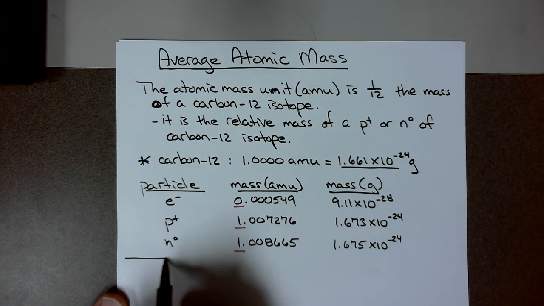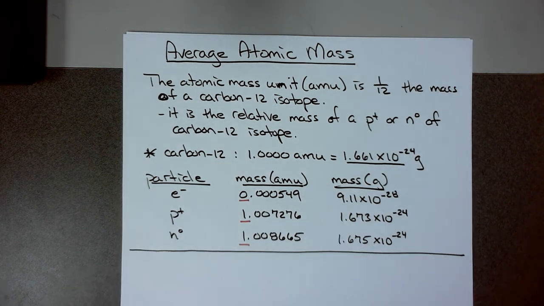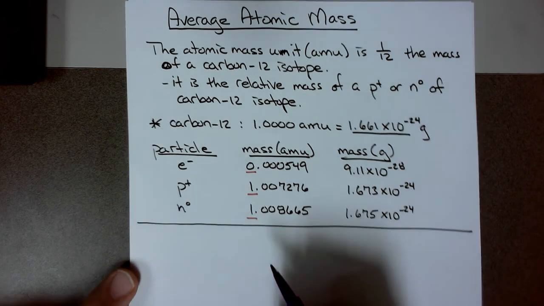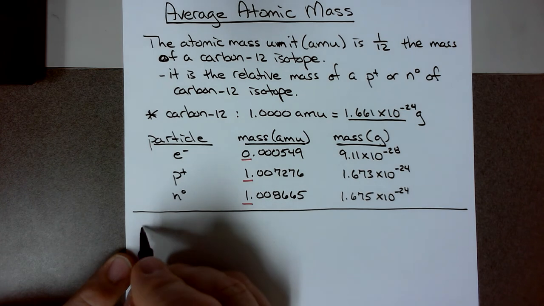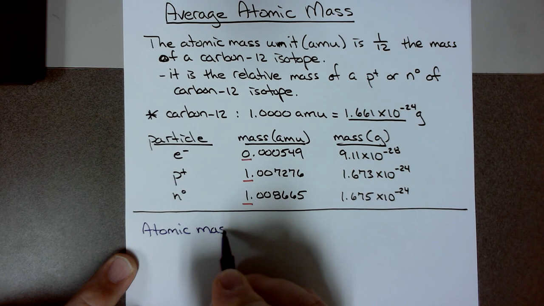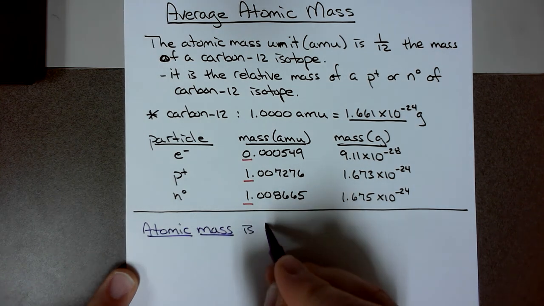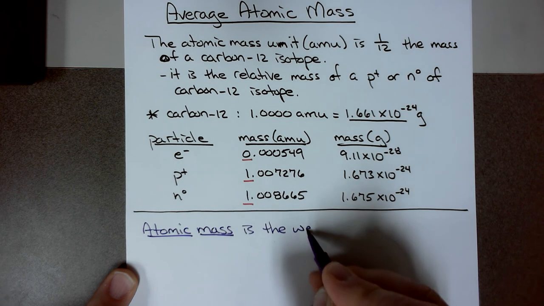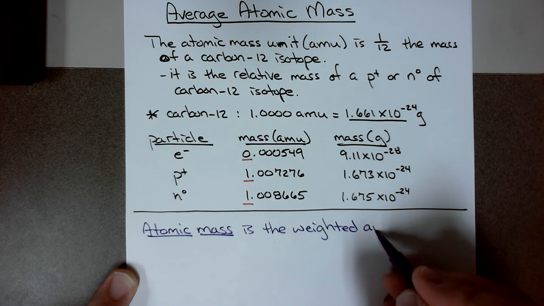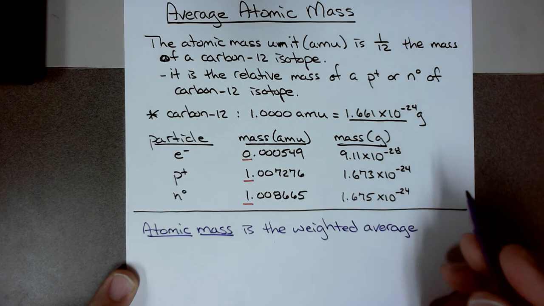Okay, so now let's talk about the atomic mass or average atomic mass. Atomic mass is the weighted average of all of the naturally occurring isotopes.